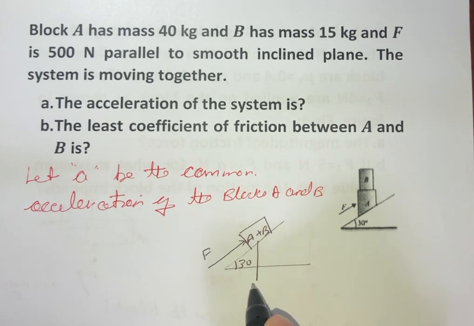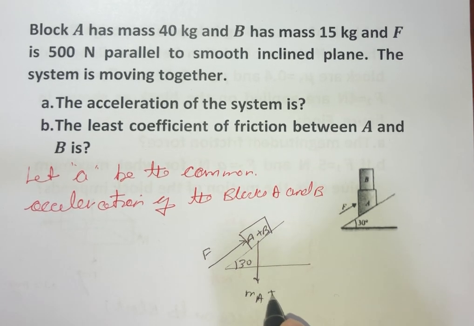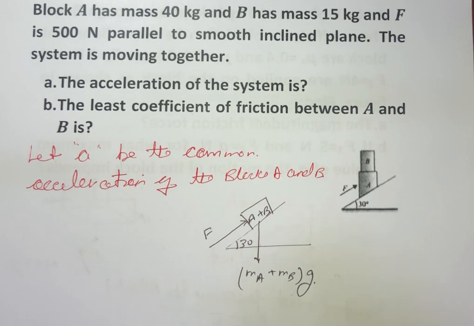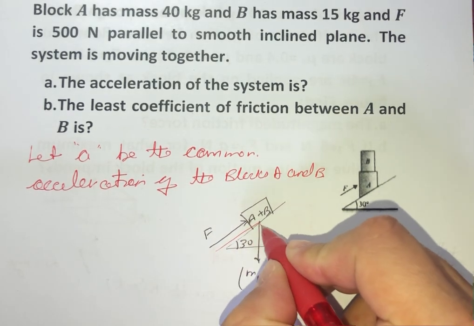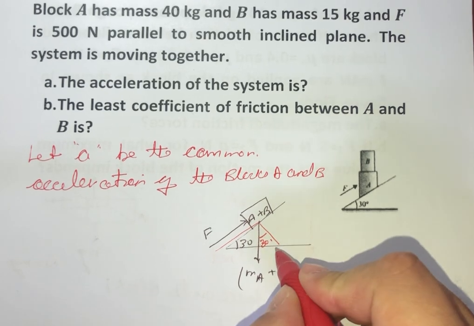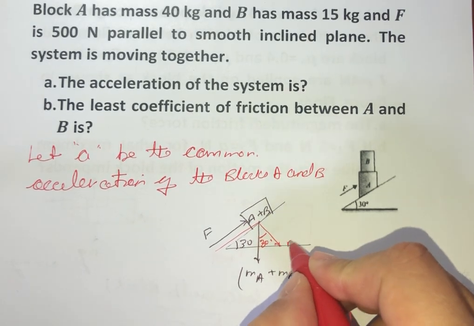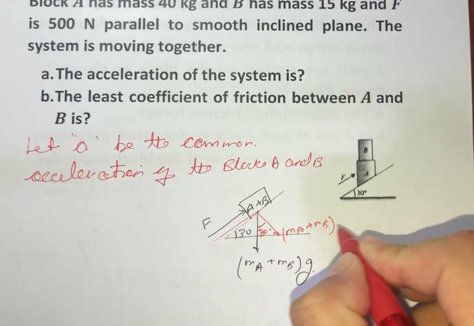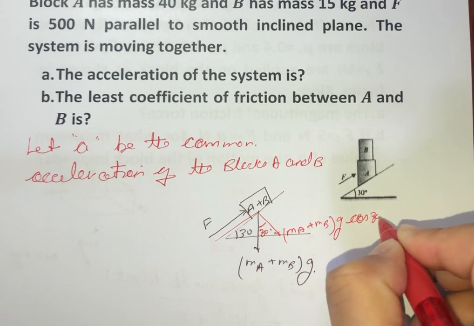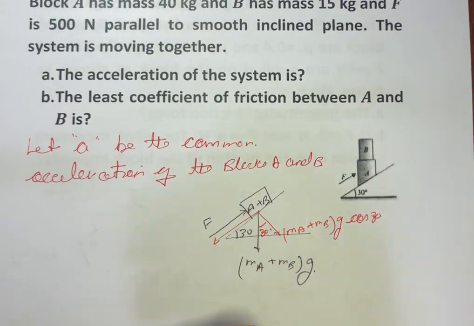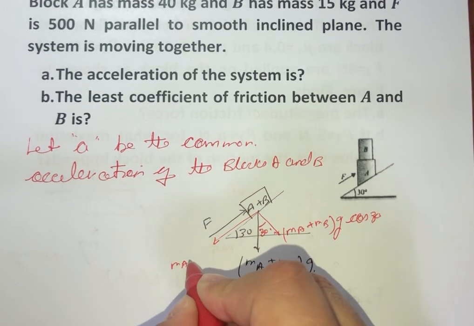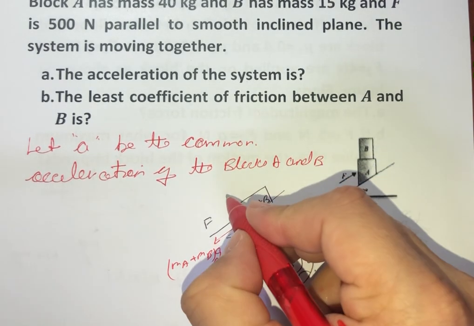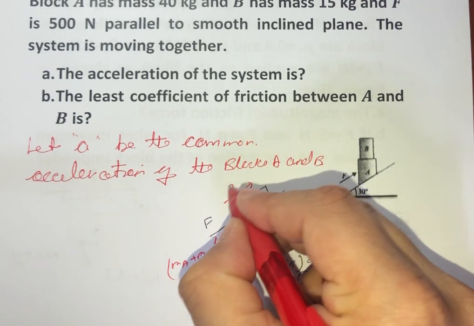In the downward direction we have (MA plus MB) multiplied by G, which can be divided into two components at 30 degrees: (MA plus MB) G cos 30, and (MA plus MB) G sin 30. It is moving up the inclined plane with acceleration A.